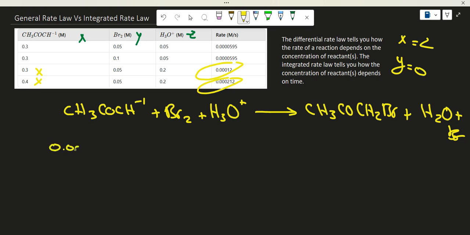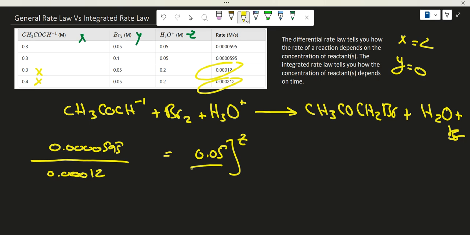So 0.0000595 divided by 0.00012, and then equal to, okay, so we have 0.05 divided by 0.2, everything to the power of z. So let's see what you get here now.